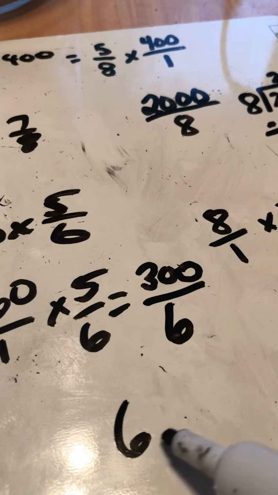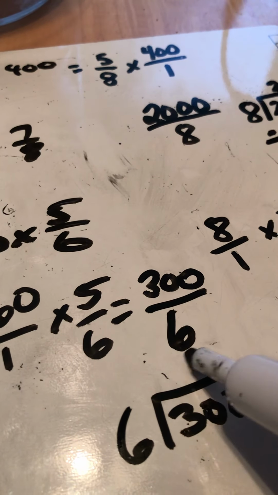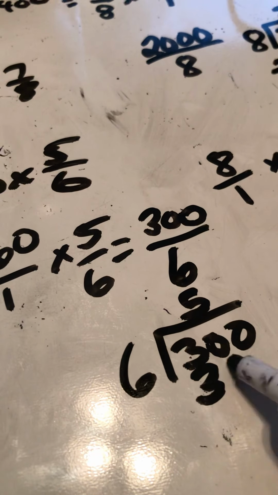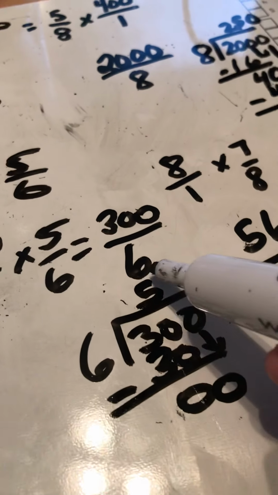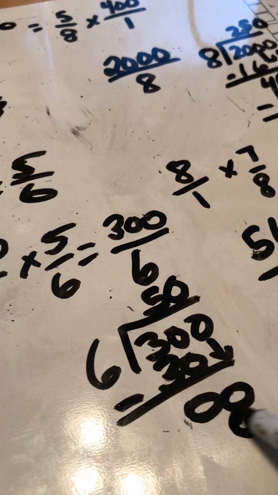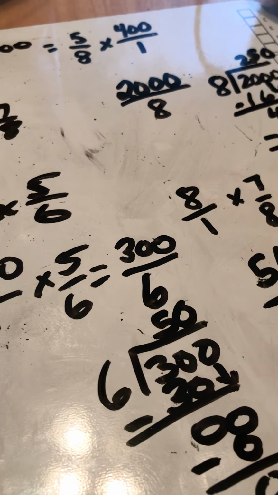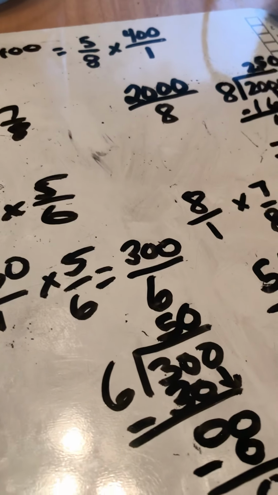So now we're going to divide 6 into 300. 6 goes into 30 5 times. 5 times 6 is 30. Get 0, bring down our 0. 6 goes into 0 times. And it looks like we end up with 50 as our answer. 50 for that one. This was page 458.